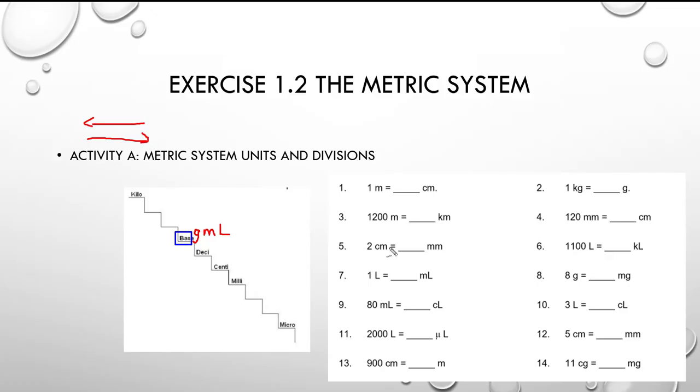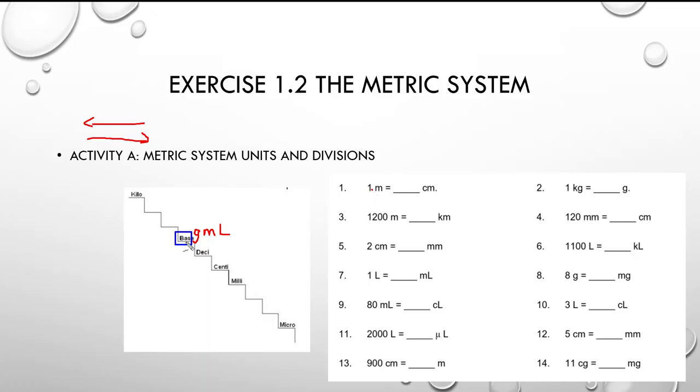So let me give you an example. Let's do number 1 together. So it says 1 meter, and we're going to centimeters. If I were to draw the decimal point for 1 meter, it'd be right here, right? So the base is meter, so I'm here, and I need to go here. So I'm going down the ladder, which means I'm moving the decimal point to the right.